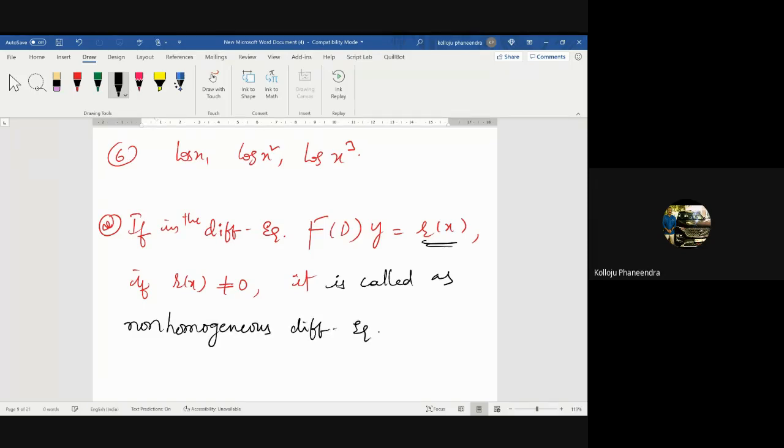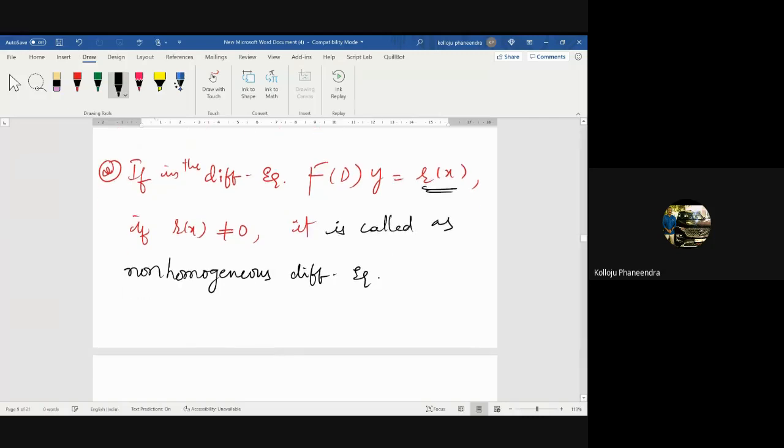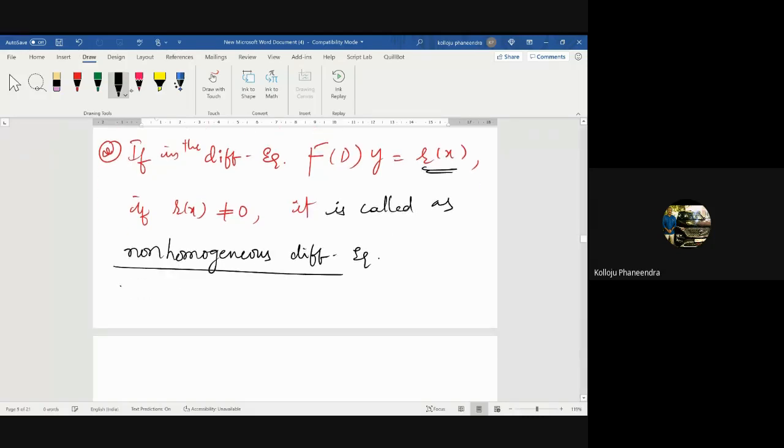Not only constant coefficient, in variable coefficient also the same thing, non-homogeneous differential equation.